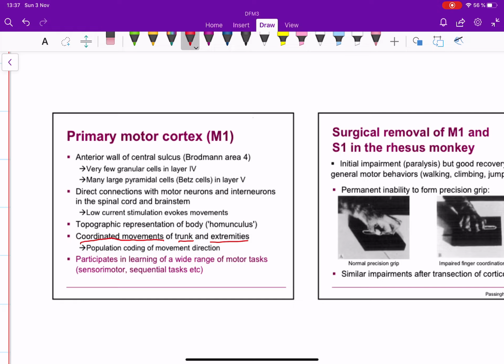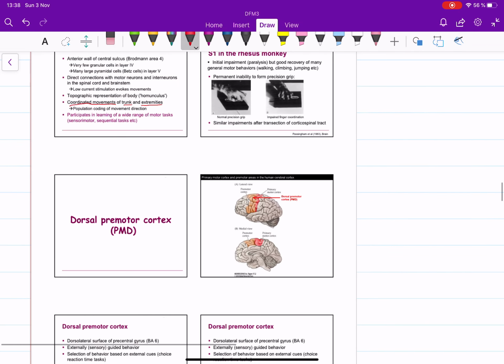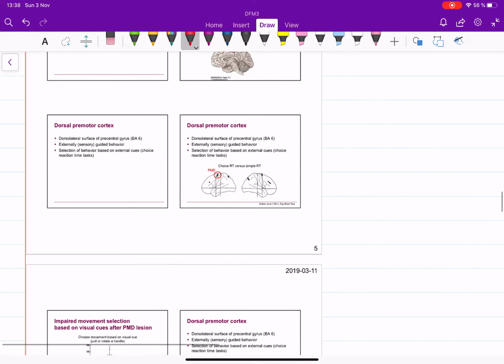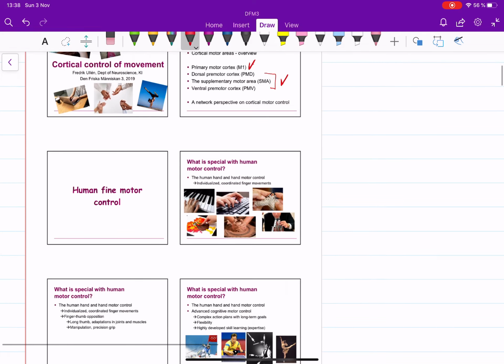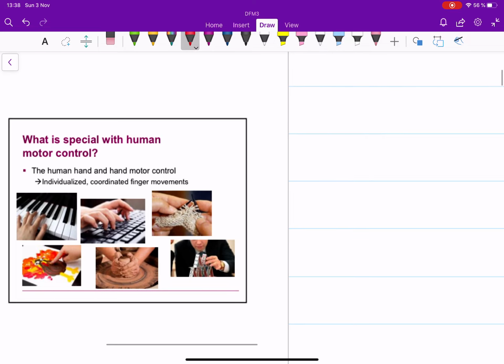For example, when we play a piano, or when we're learning to play a piano or dancing in such a movement, the area that is responsible for that is the primary motor cortex.